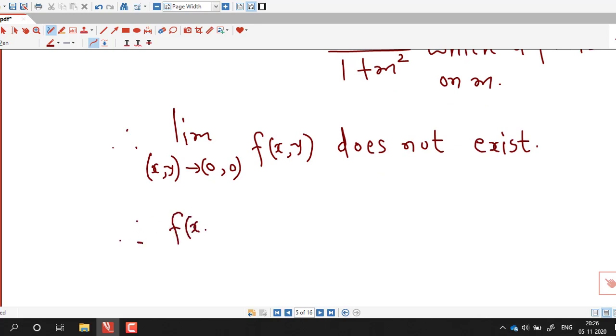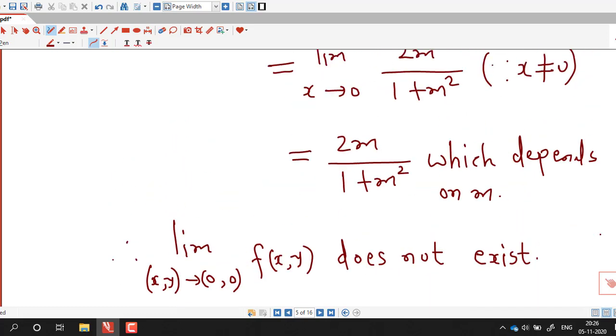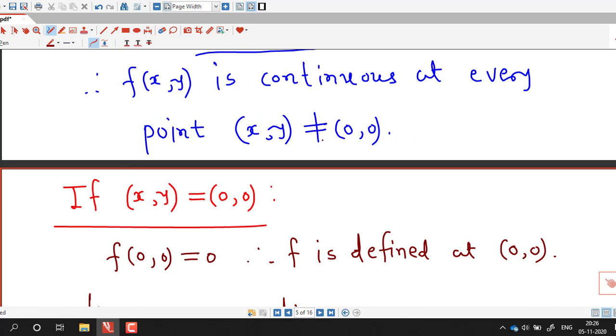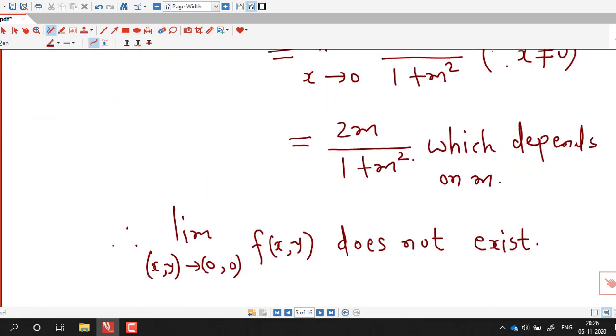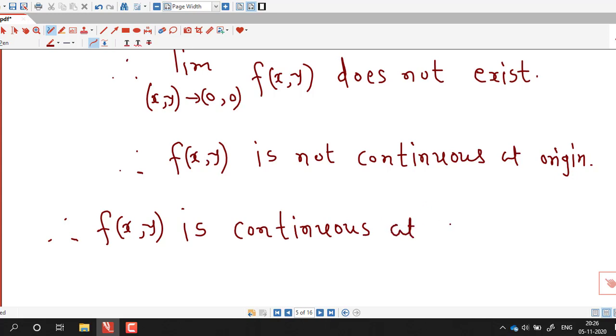Therefore f(x,y) is not continuous at origin. And we have proved that f(x,y) is continuous at every point different from origin. So if we combine these two cases, we can write that therefore f(x,y) is continuous at every point except at the origin.